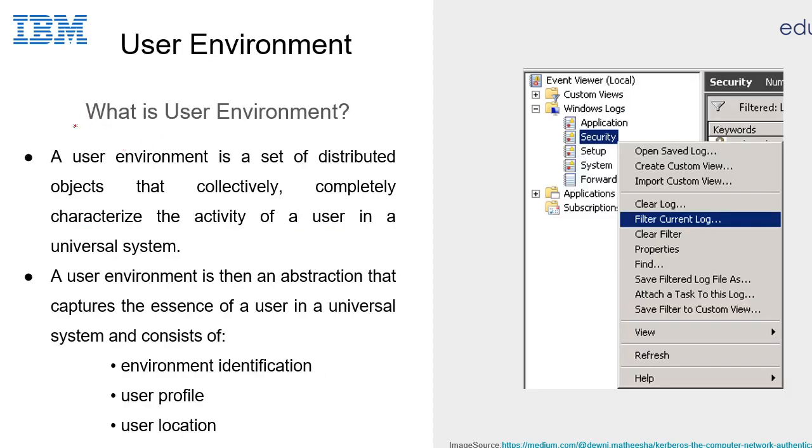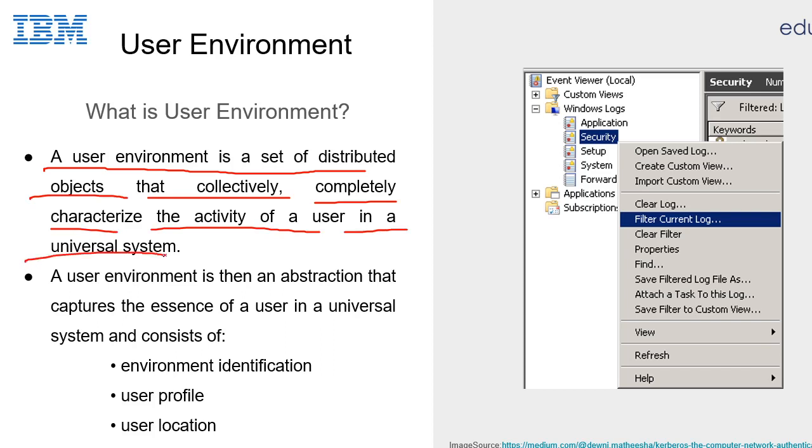Next, user environment. A user environment is a set of distributed objects that collectively characterize the activity of a user in a universal system. Here a user environment is nothing but the user details, user profiles, user location and user activity. Whatever activities are done on a server, each detail and activity will be collected.